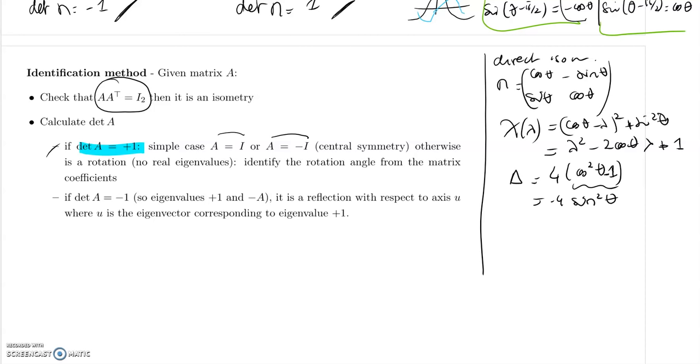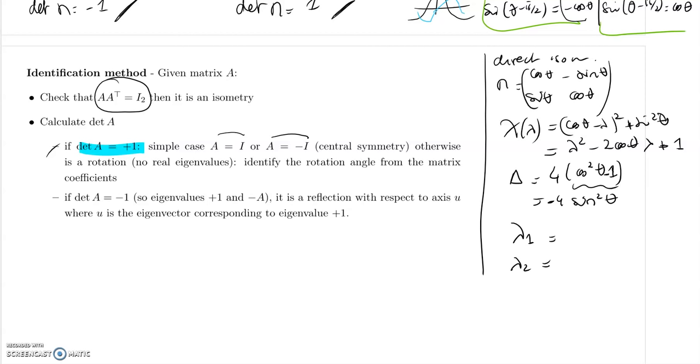So unless the sine is equal to 0, in which case we have theta equal to 0 or pi, which corresponds to the cases we've already talked about, the identity or minus the identity, we get two roots, lambda 1 and lambda 2, that are going to be complex roots.